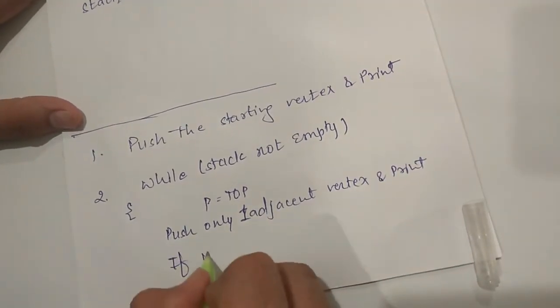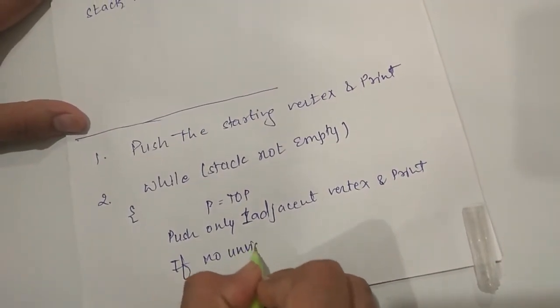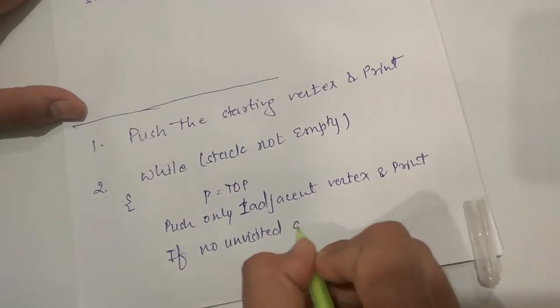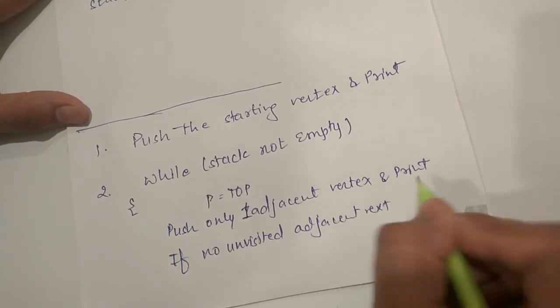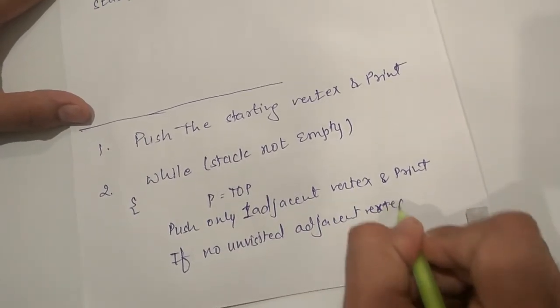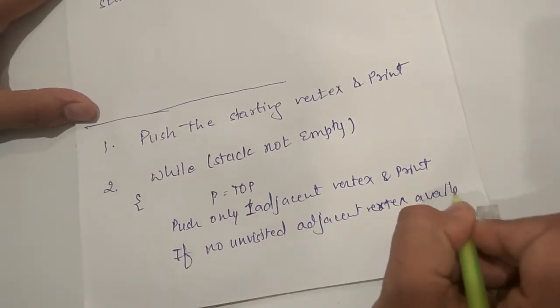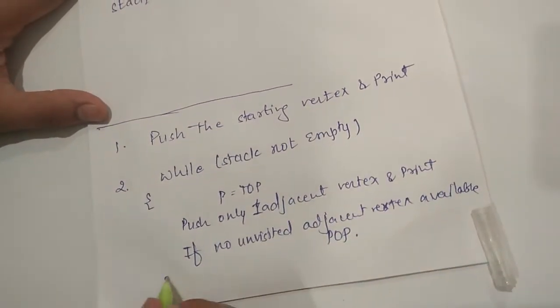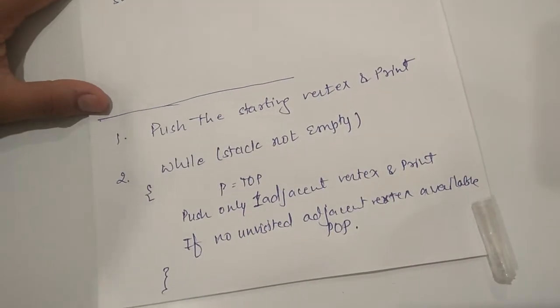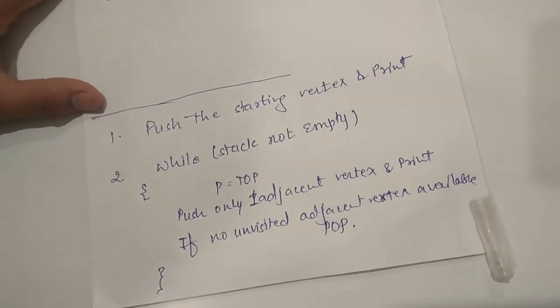And if there are no unvisited adjacent vertex available, in that case you need to pop from this stack. So these are your two steps which you need to follow for DFS traversal.